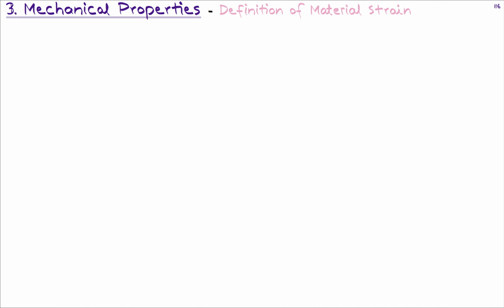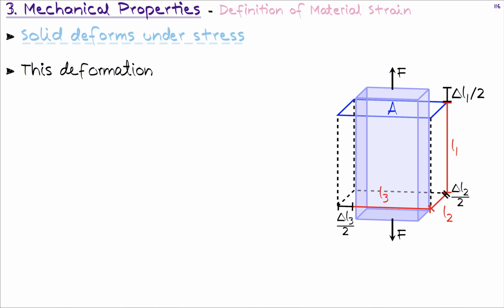Okay, so what happens when we apply the stress? This solid in question will deform, obviously. And this deformation is defined as the strain, and epsilon is the symbol we're using.